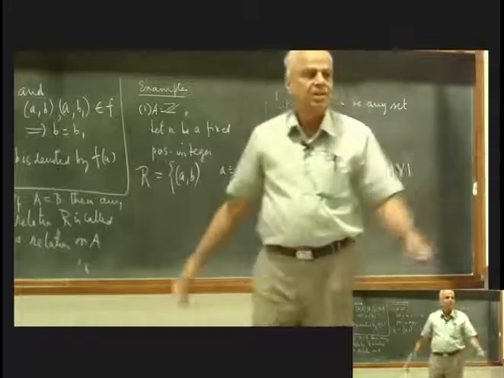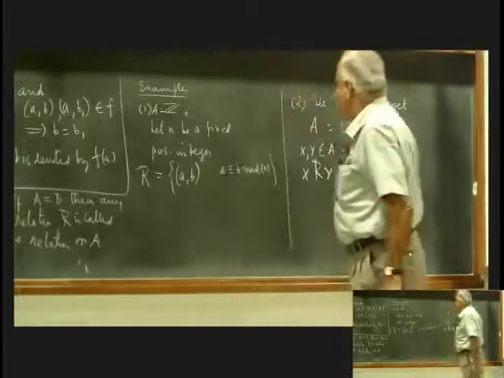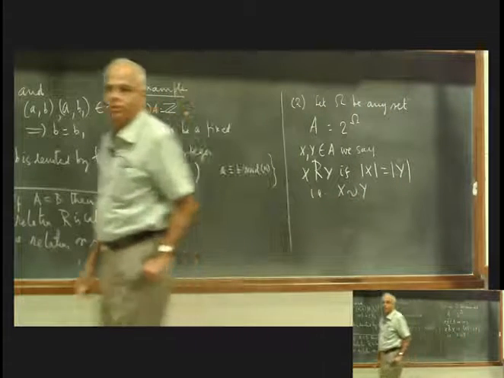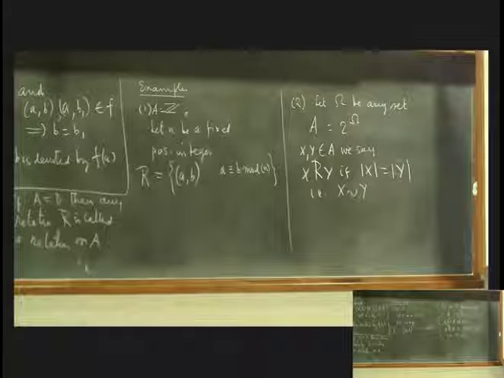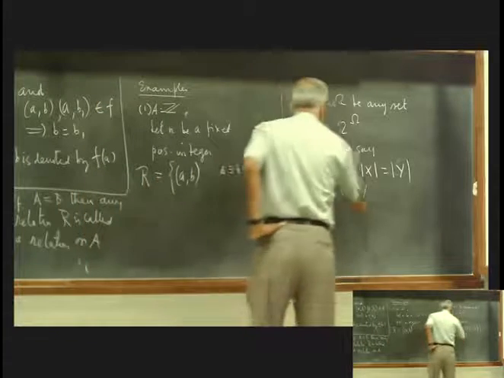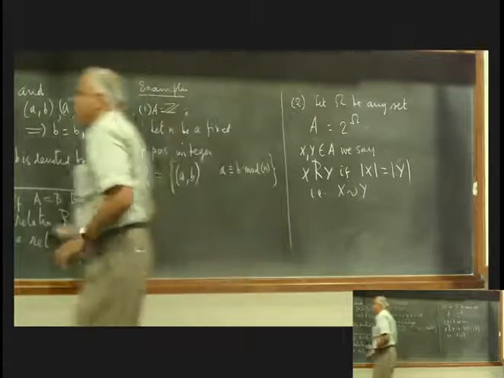It is an equivalence relation on this set A. So the set {1, 2, 3} and the set {a, b, c}, if I take all the English alphabets and all the numbers as my omega, will be related. But {1, 2, 3} will not be related to {1, 2, 3, 4}. {1, 2, 3} will be related to {4, 5, 6} because the size is the same. This is the beginning where we had the equivalence of sets.